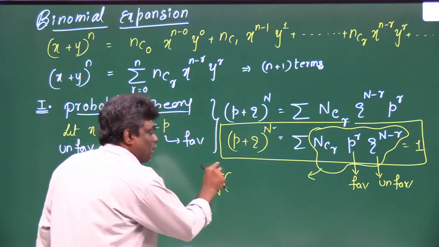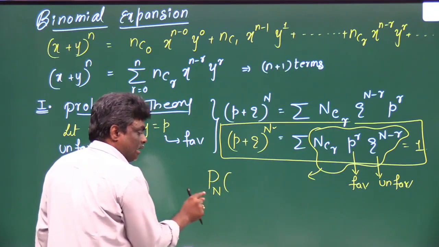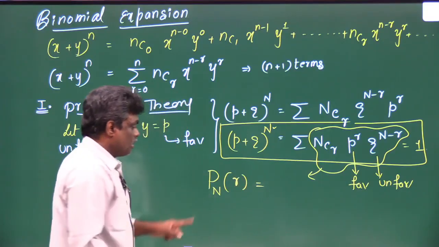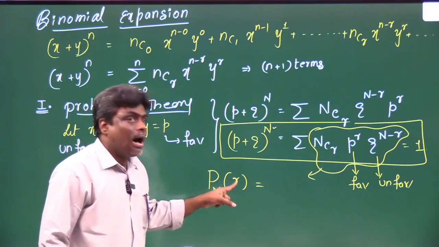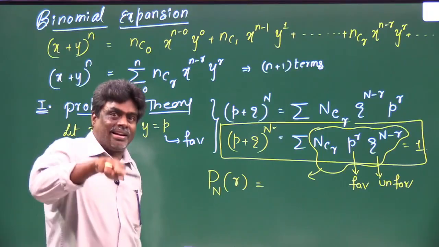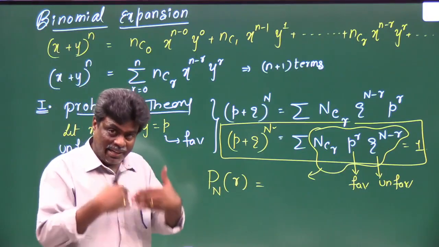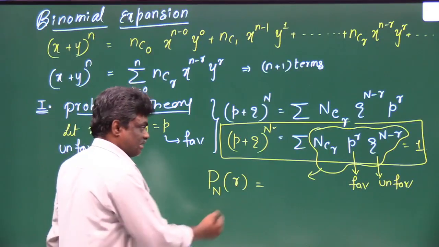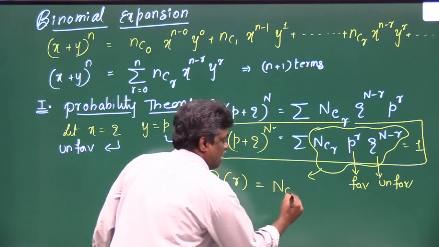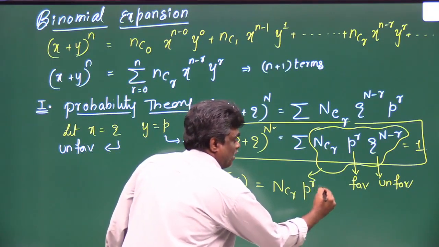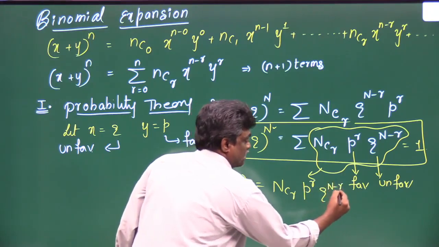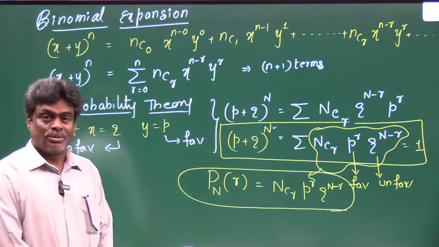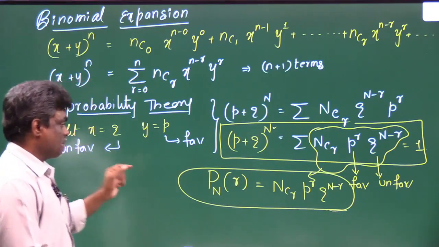So the probability representation is P(N, R). What is the meaning of this? Probability of getting R in favor out of capital N trials is given by NCR P power R Q power N minus R. This is very, very important, so don't forget this.